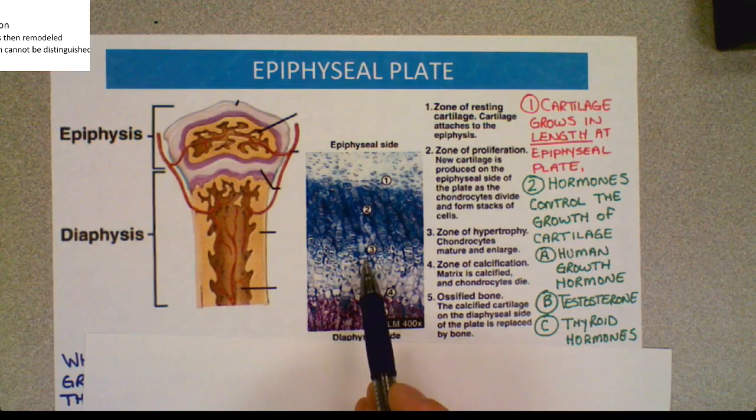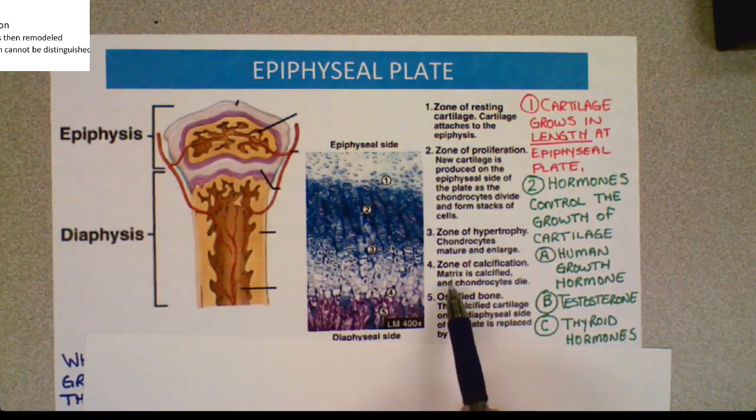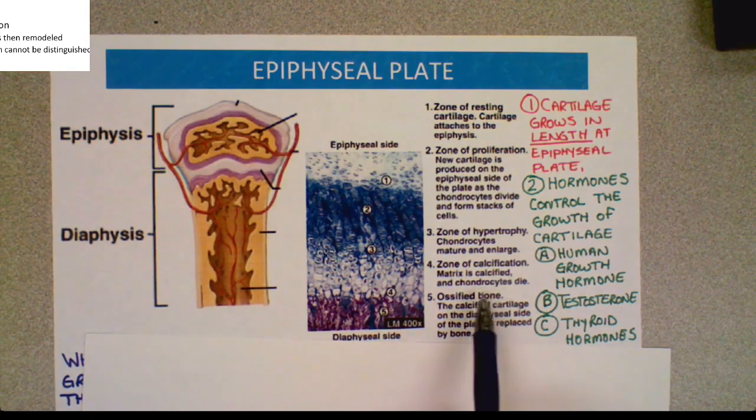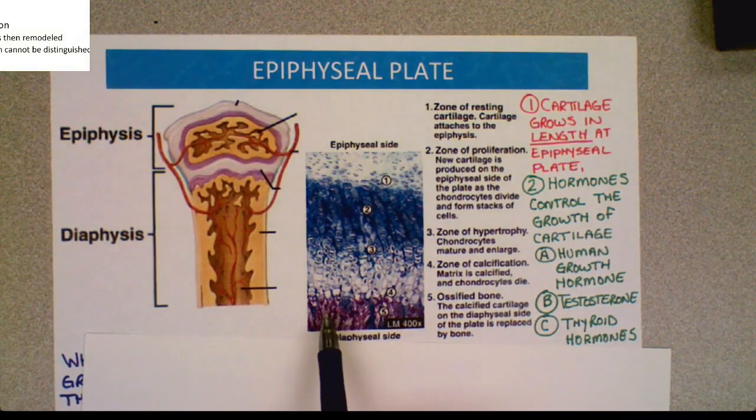Now, these cells are then further pushed towards the diaphysis, into the zone of calcification. This zone of calcification is where our cartilage cells, the chondrocytes, are going to start getting filled with calcium. They're going to start to calcify, and these chondrocytes die and then are replaced by osteocytes, the bone cells.